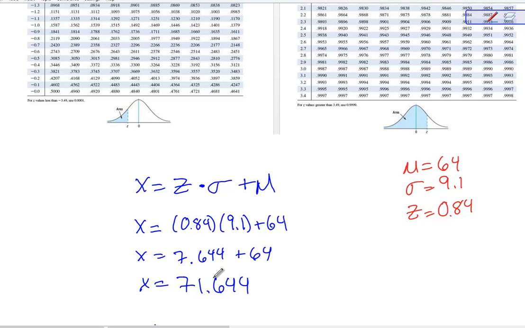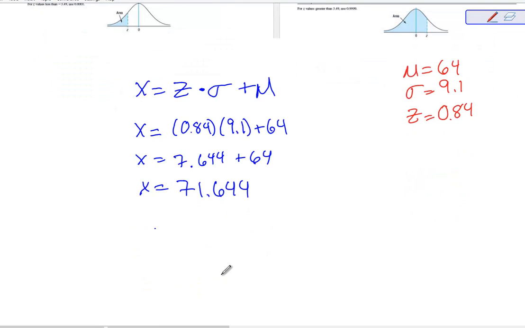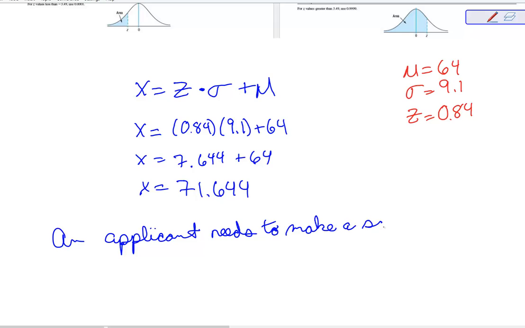So we're going to have a cutoff score of 72. So an applicant needs to make a score of 72 to be selected.